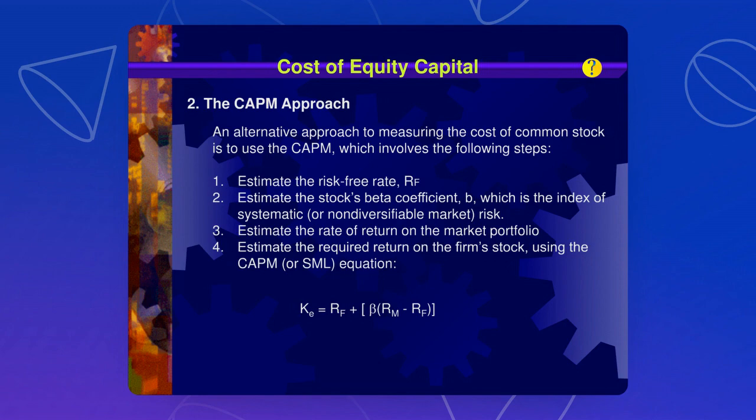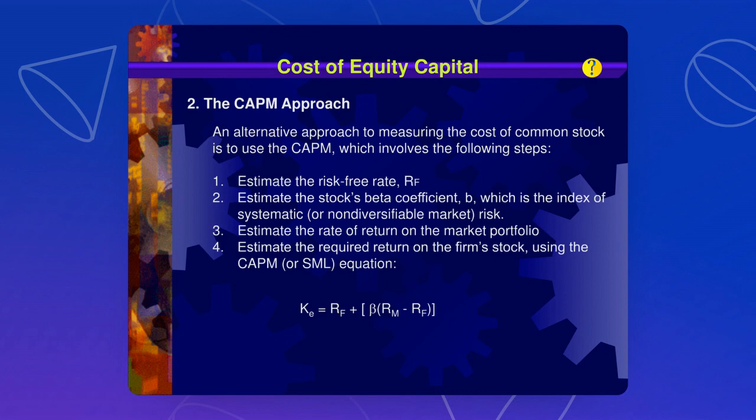We will discuss again the meaning of systematic or non-diversifiable market risk when we get to risk and return. Number 3, estimate the rate of return on your market portfolio. And number 4, estimate the required rate of return on the firm's stock using the capital asset pricing model, or what you call the SML equation.